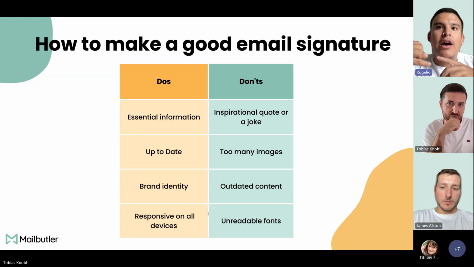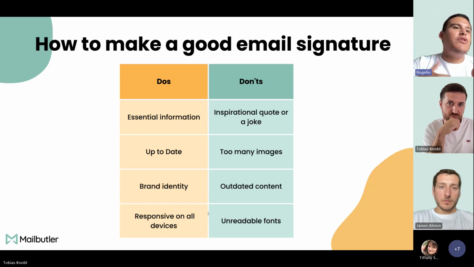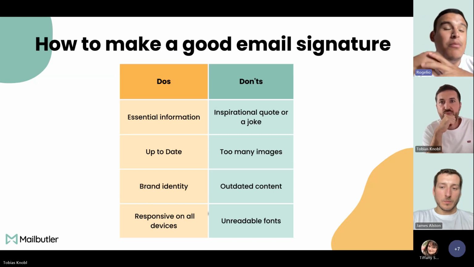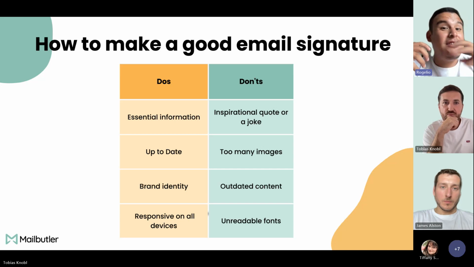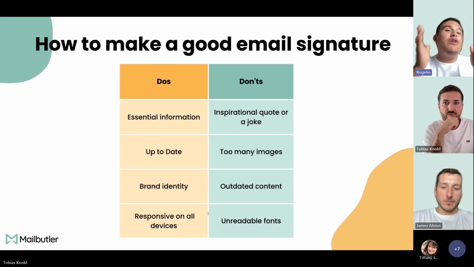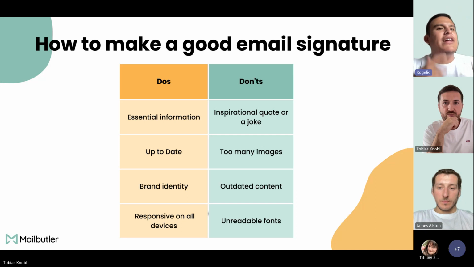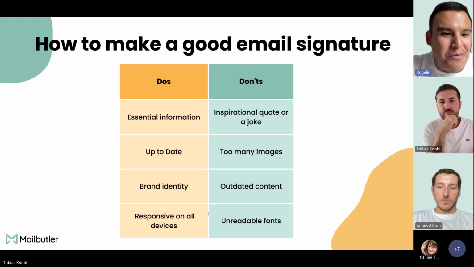So make sure to keep everything within your brand, within your company's colors, within your company's fonts, in order to make it more appealing as well. And something good that Mailbutler does for you is that this signature will be responsive to all types of devices. Mailbutler will adapt them for you, so you don't have to do basically anything. But it's important to double check that everything goes according to plan.